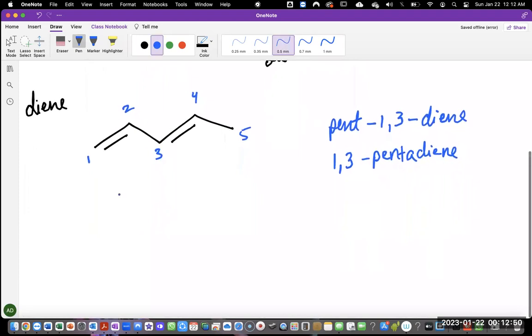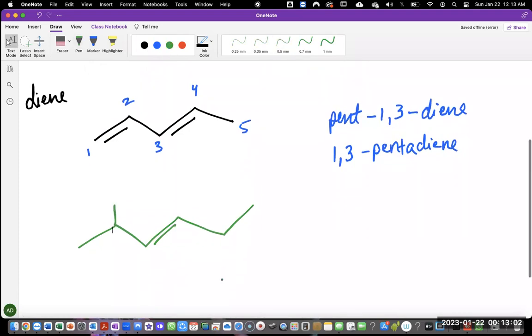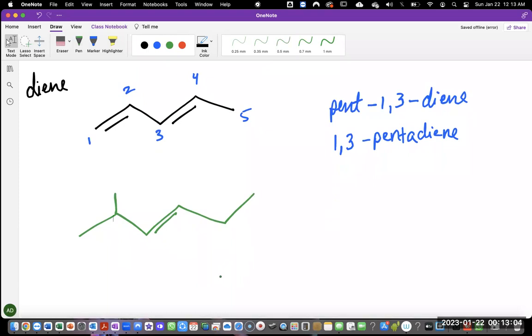Now let's do some more examples. Let's say we have a structure which looks like this, and there happens to be a double bond here, and there happens to be a substituent here as well. Now, in this case, what do we do? The way you are going to number this is so that you get the smallest numbers possible.